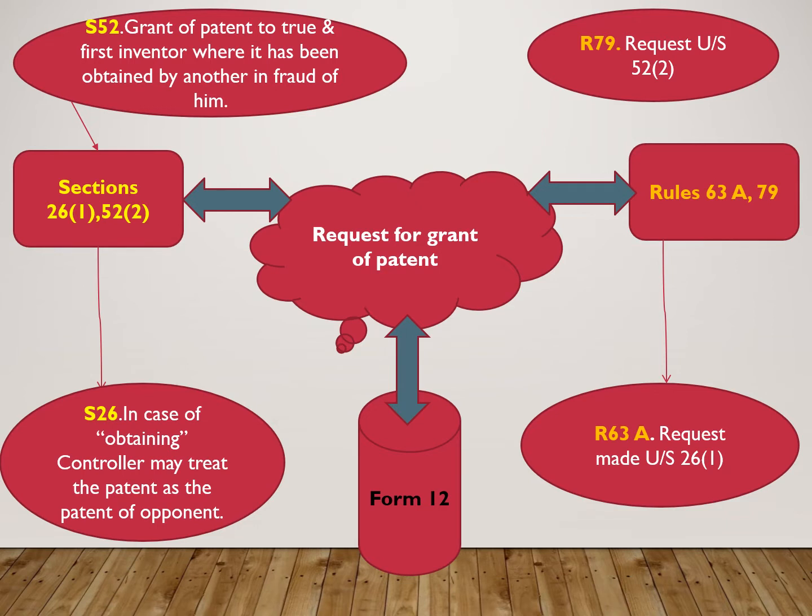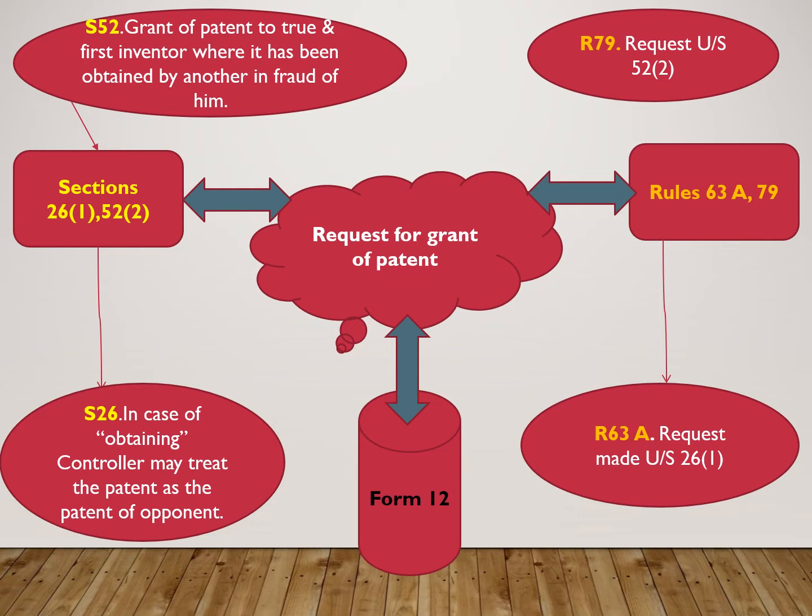The title of section 26 is, in case of obtaining, controller may treat the patent as the patent of the opponent. Fine. And section 52's title is Grant of Patent to True and First Inventor where it has been obtained by another in fraud of him.